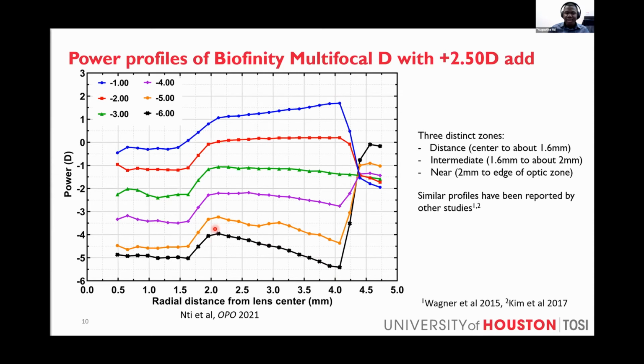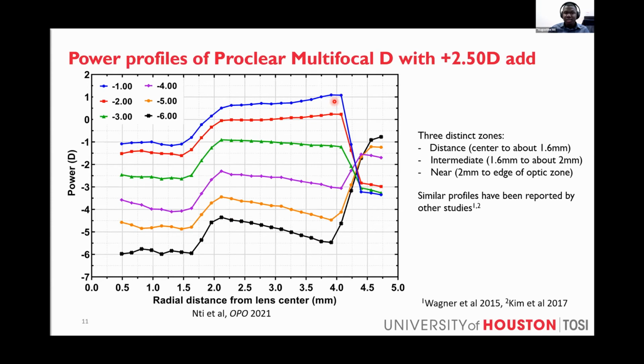So here the peak plus power is very close to the center of the lens, right here at around 2 millimeter radius. Whilst for the -1 lens, the peak plus power is at the edge of the optic zone of the lens. And we don't know whether this would have an effect on the ability of these different powers of the multifocal contact lens to reduce myopia progression.